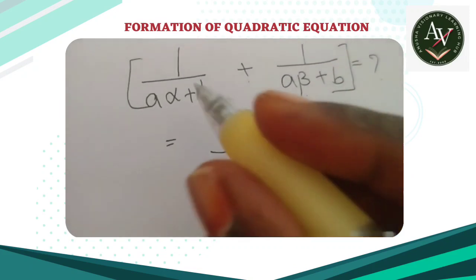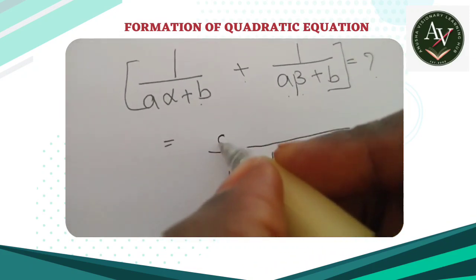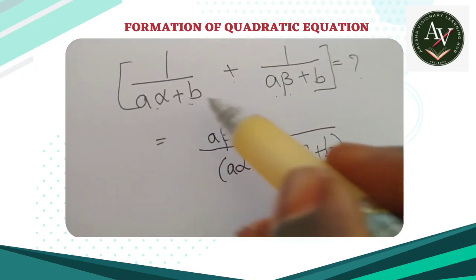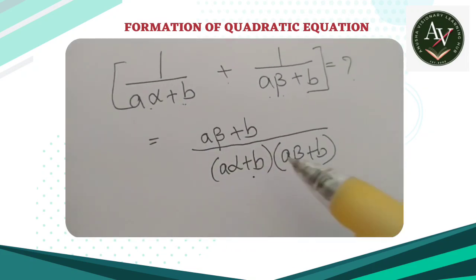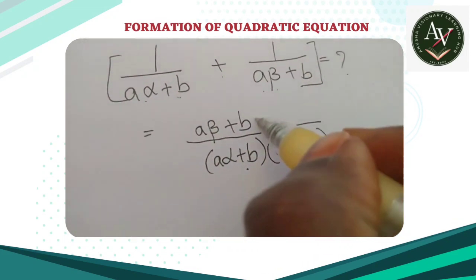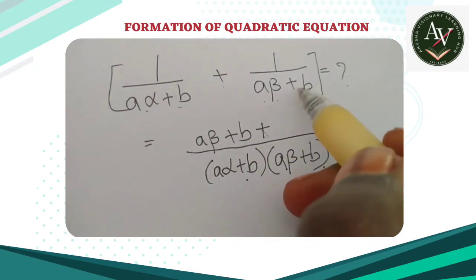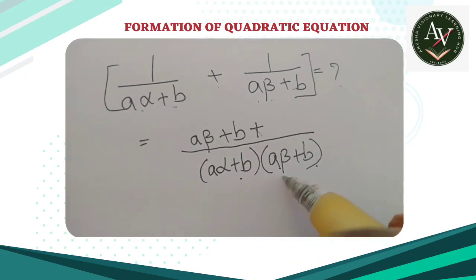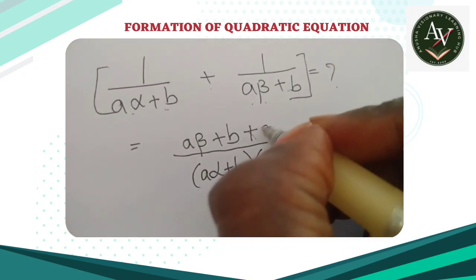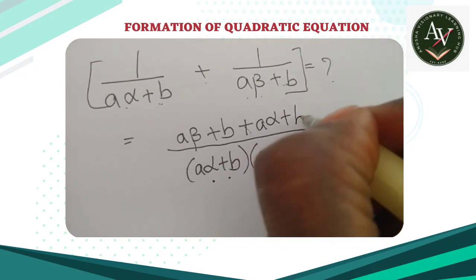So the numerators will be a beta plus b, as a alpha plus b will be cancelled with this one, we are left over with a beta plus b. Next, plus here also same, a beta plus b will be cancelled over here, so that we get a alpha plus b. Just write a alpha plus b.